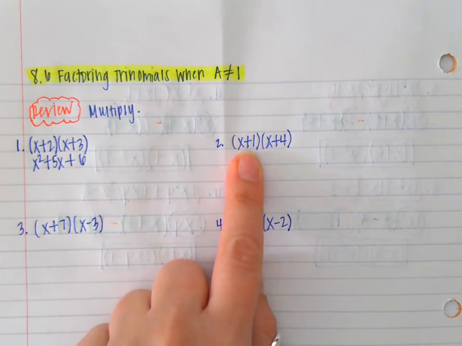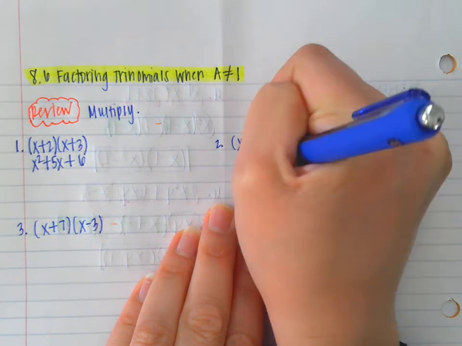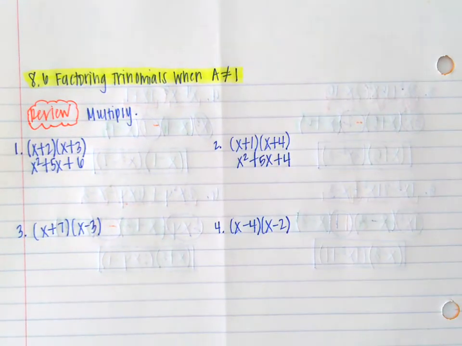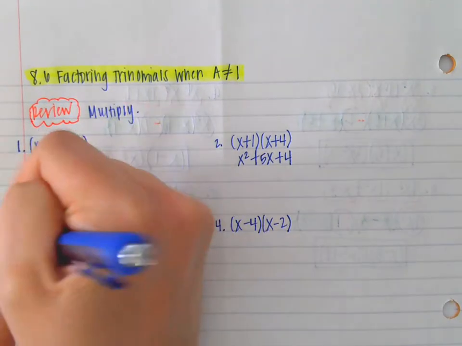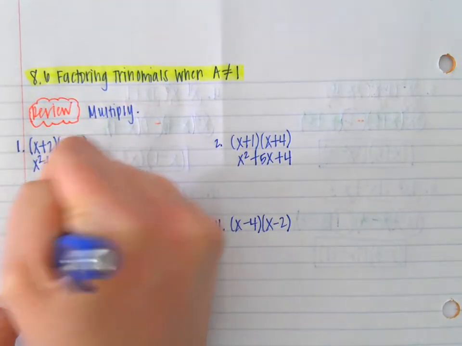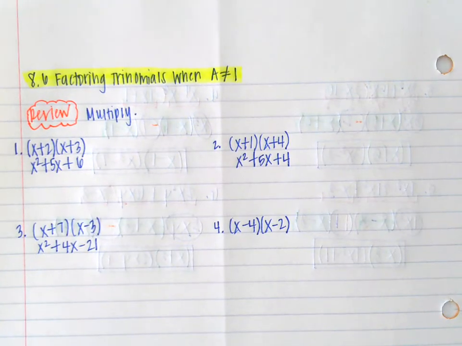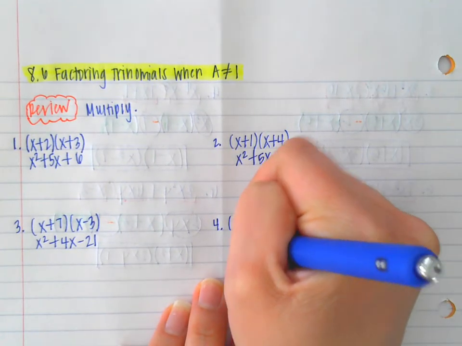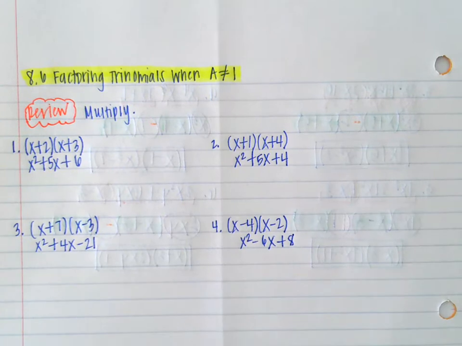Then x plus 1 times x plus 4 should have gotten you x squared plus 5x plus 4. Then x plus 7 times x minus 3 should have gotten you x squared plus 4x minus 21. And then x minus 4 times x minus 2 should have gotten you x squared minus 6x plus 8.